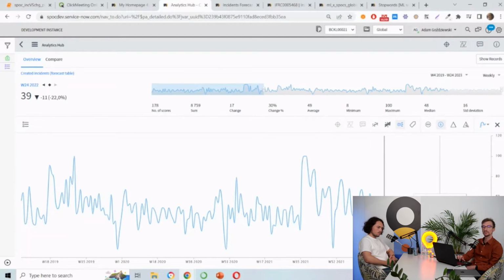We strongly believe that this December will also have some kind of lows in incidents, or maybe not after this webinar. That was the main point: even though it's based on live data, Performance Analytics doesn't predict this low, and we wanted to see how well Predictive Intelligence would behave. So let's now move to Predictive Intelligence.